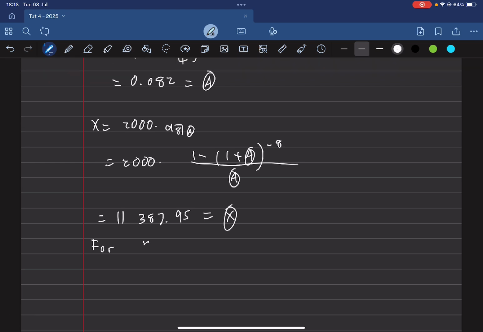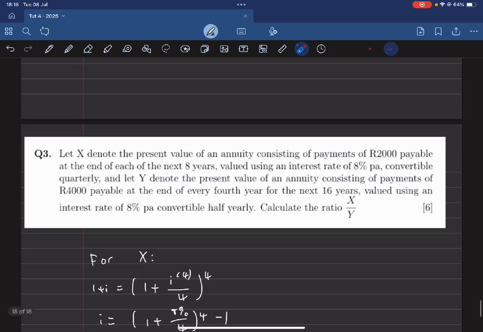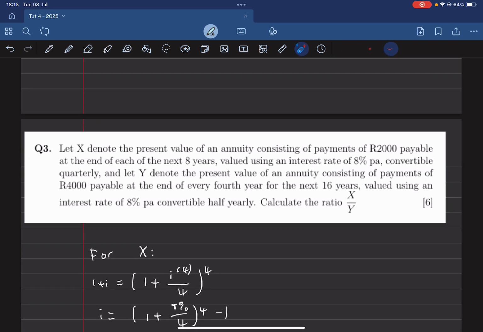So for Y, let's look at how often we're making payments. It says we're paying 4,000 at the end of every 4th year. Fourth year, okay. So we're going to want to get the effective interest rate for every 4th year.